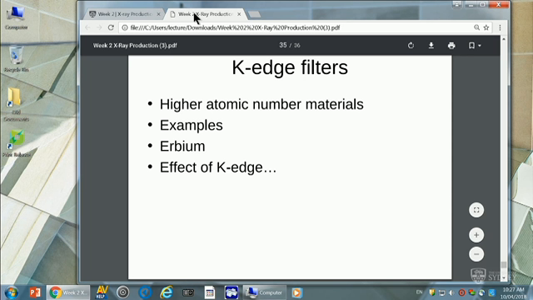Okay? What that means, if you stick a normal filter in the beam, what you'll get is this sort of effect. We talked about that before. If you stick erbium in the beam, you'll get, again, this sort of effect, and then it will drop at 57.5 keV, and then it'll start to go up again.